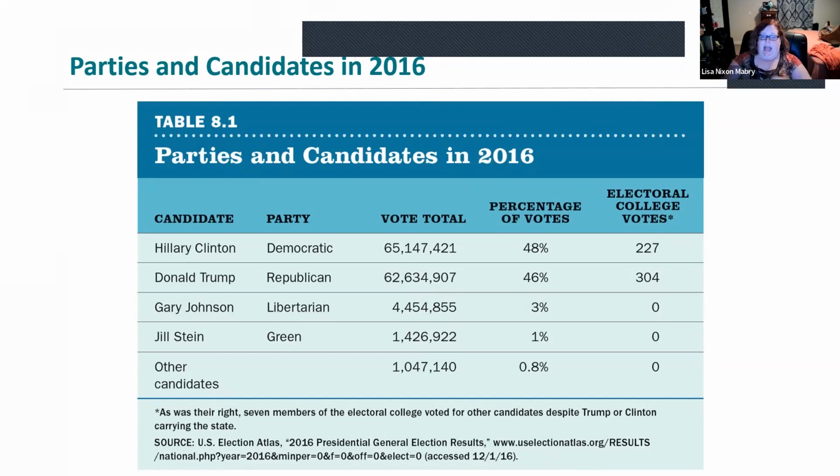He had almost 4.5 million votes, 3% of the votes split away. You have to wonder who that 3% would have voted for if he wasn't there. And then Jill Stein was the Green Party candidate with almost 1.5 million votes, and that was 1%. And then other third party candidates on the ballot won a little over 1 million votes, right? Is that right? I'm saying it right.